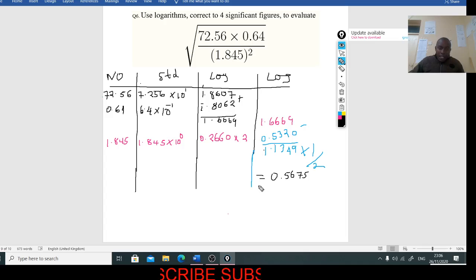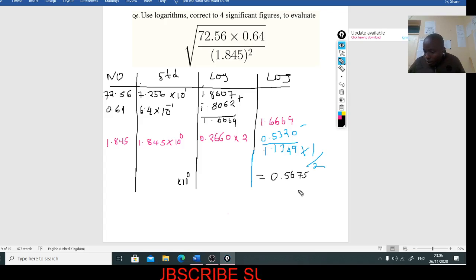So you find the anti-logarithm of this, and the logarithm must be times 10 raised to power of 0. Then you read the anti-logarithm of 0.5675.